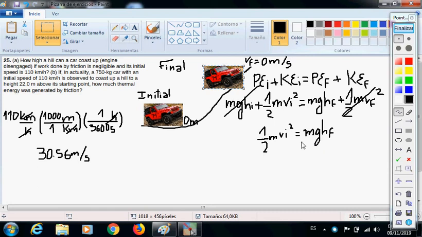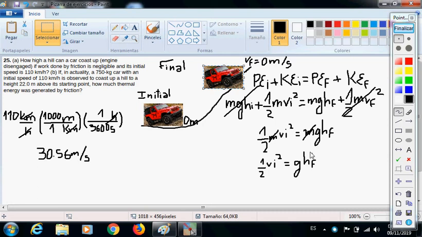And we can cancel the two masses because they appear on both sides of the equation. So it will remain half of the initial velocity squared equals the gravity times the final height.